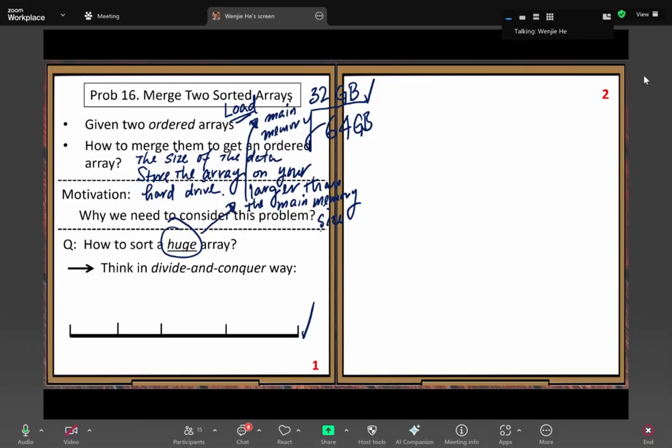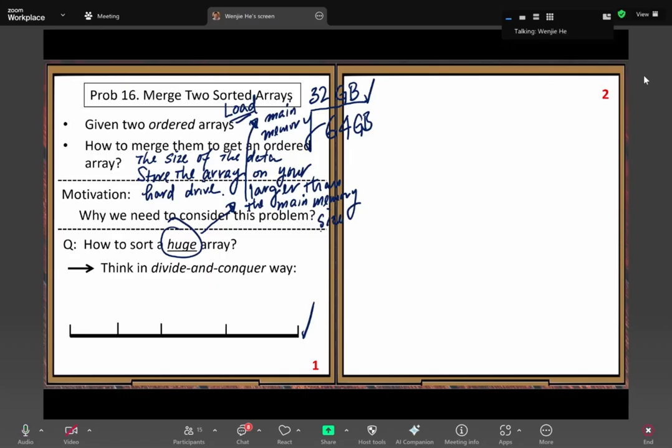And we make sure each subarray can be loaded into the main memory. That's easy, right? Small enough. We divide our original array into multiple subarrays such that each subarray can be loaded into the main memory.